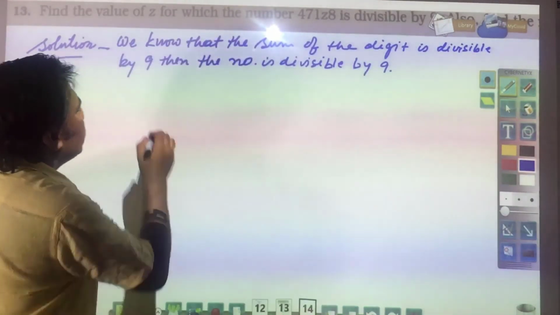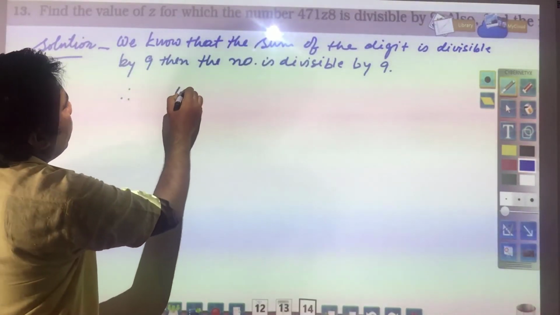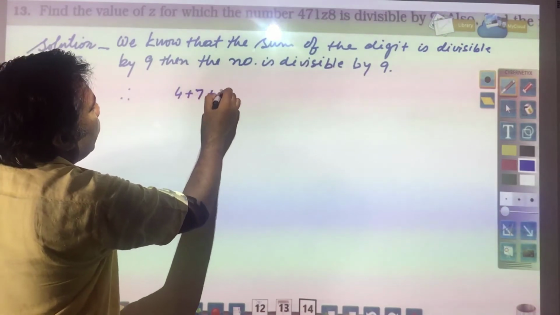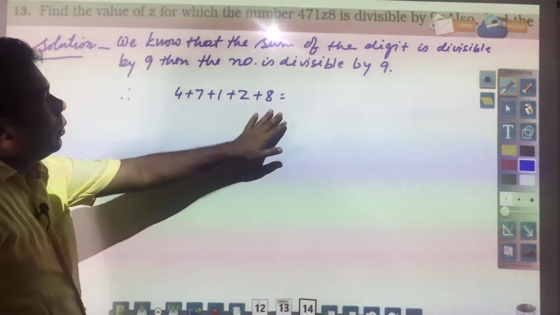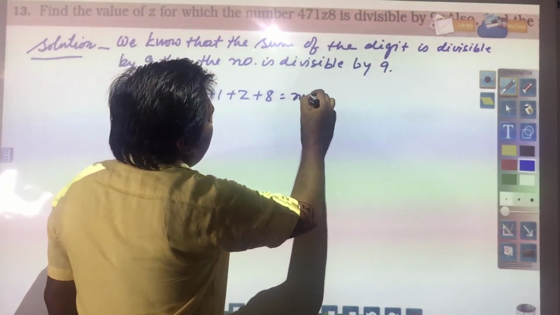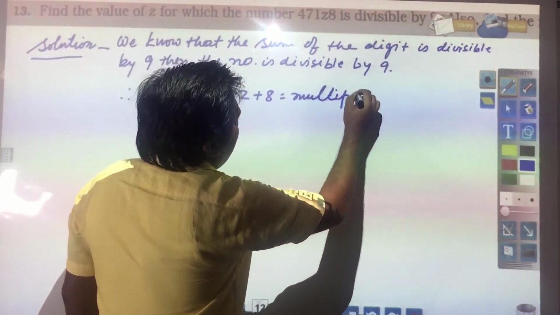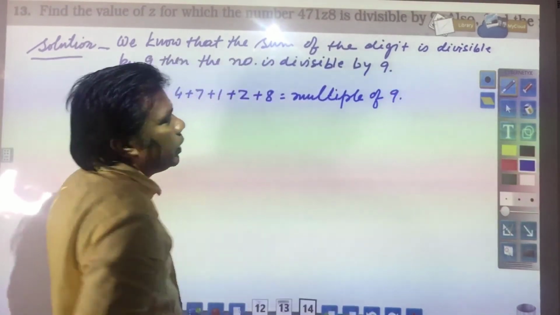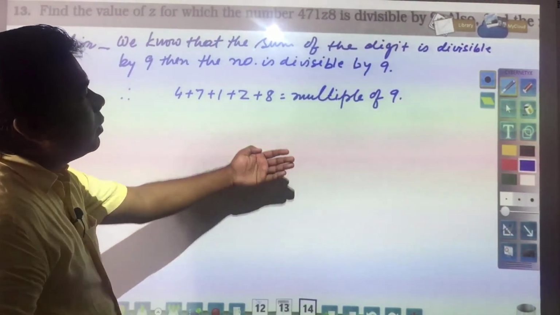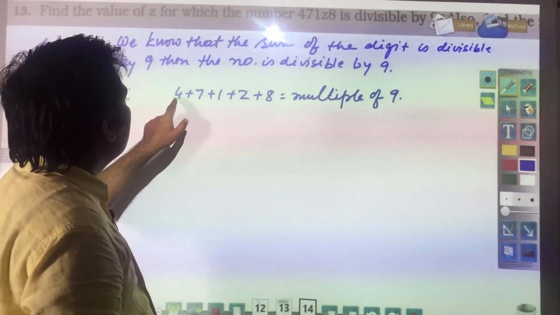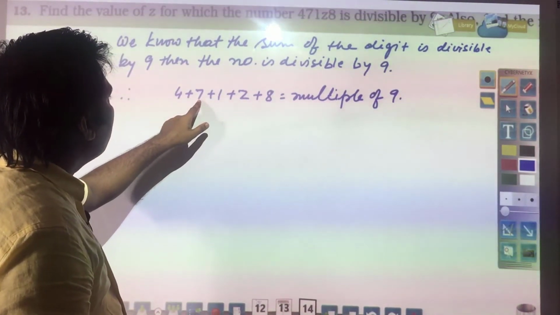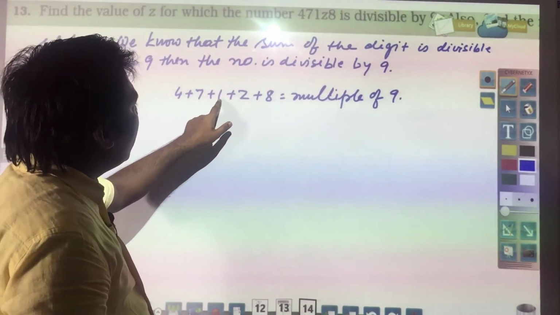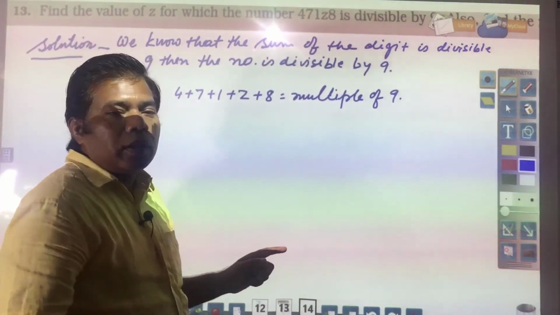Therefore, what we will do: 4 plus 7 plus 1 plus z plus 8 is equal to, what should we get? A multiple of 9. So, what are all possible values? Just add this: 4 plus 7 is equal to 11, and 1, 12, and 8, 20.